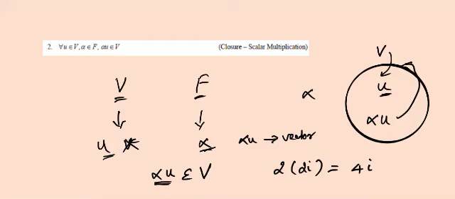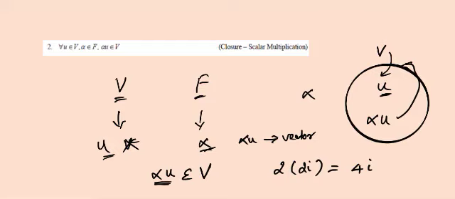Okay, see, first thing, we have to check all the 10 conditions. If any one condition fails, we can say the set is not a vector space. So primarily we check whether the set is closed under standard addition and standard scalar multiplication.